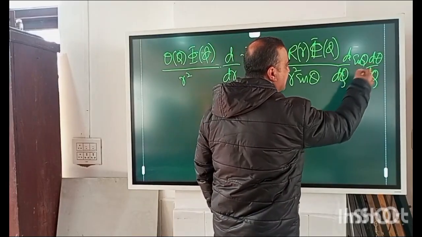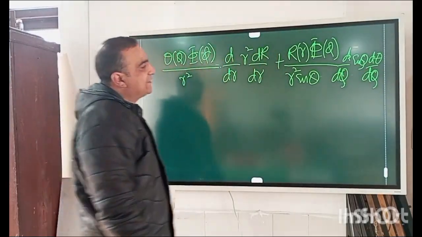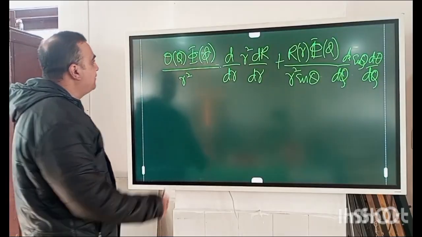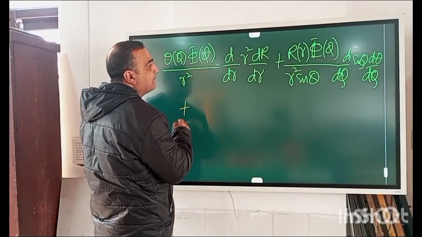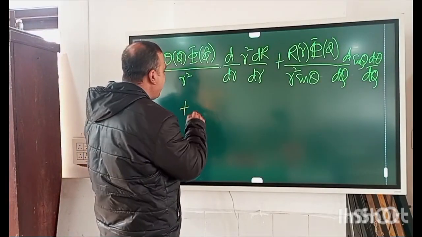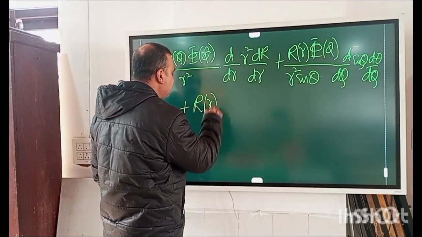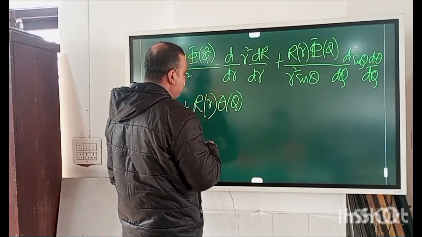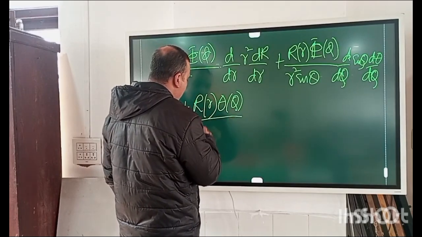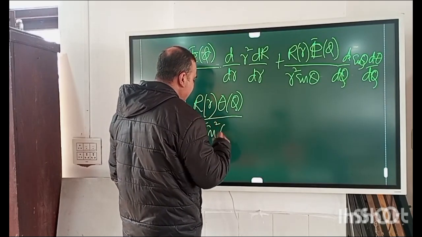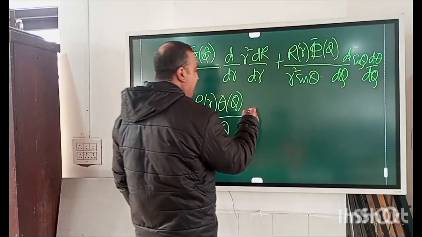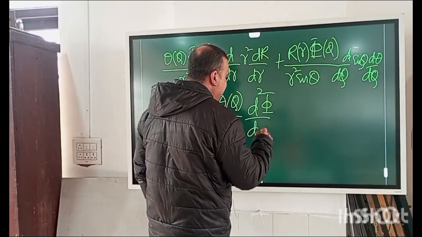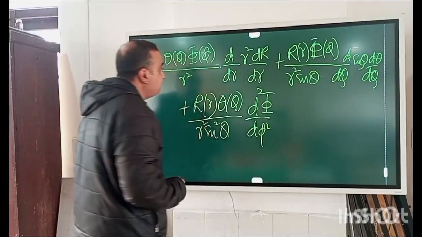These are small thetas, and this is our capital Theta. This is the second term. Then the third term I'll have is plus, in the case of phi, R of r will be out and Theta of theta will be out, in the denominator r squared sine squared theta, and then directly d2 Phi by d phi 2.